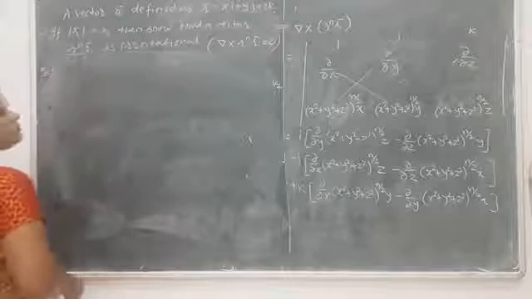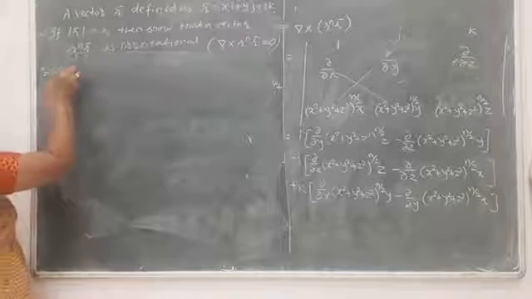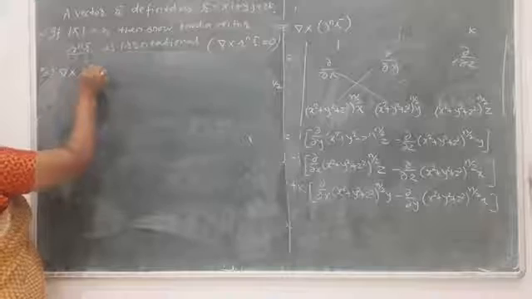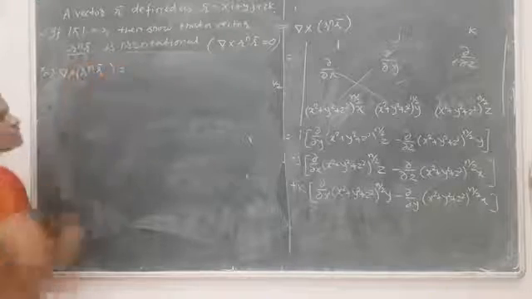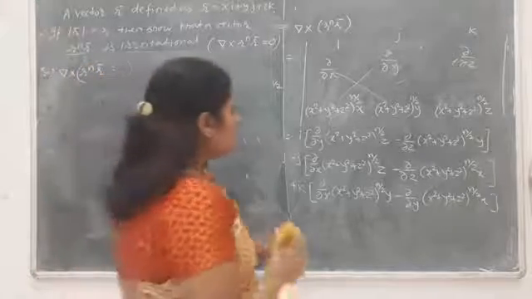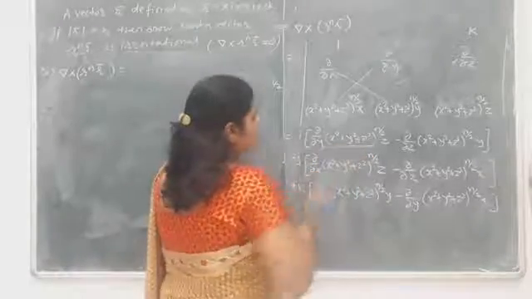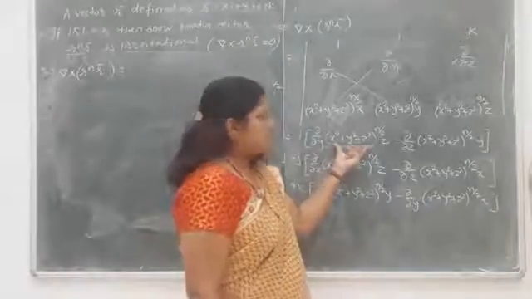So del cross of r raised to n into r bar is equals to, now if you observe this del del y, you have to take the derivative of that bracket with respect to y.